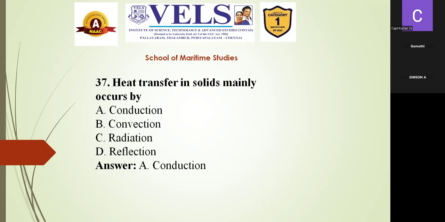Convection is a heat transfer method. Here, heat is transmitted from one place to another place by the actual movement of the particles. In conduction, there is no actual movement of the particles. The third one is radiation.